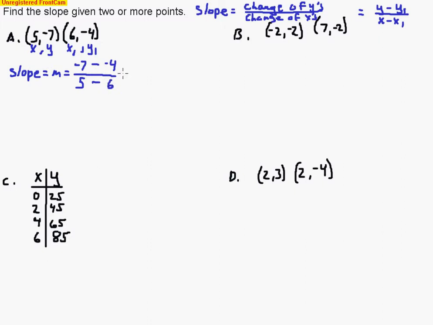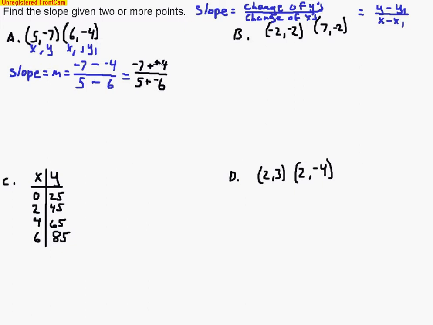So when we do this, I'm going to add the opposite. Remember that? When we've got subtraction problems, it's nice to do that. So we're going to change that subtraction to addition. So it's going to become -7 plus positive 4, and this is all over 5 plus -6.